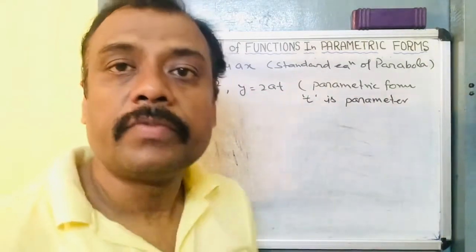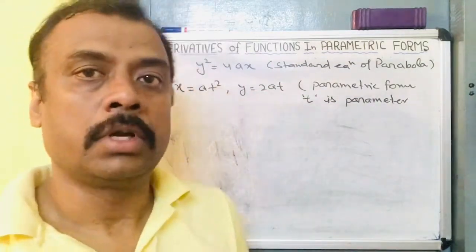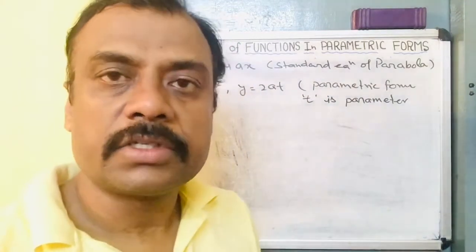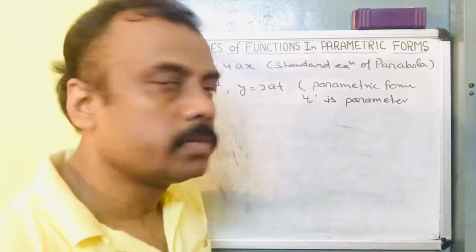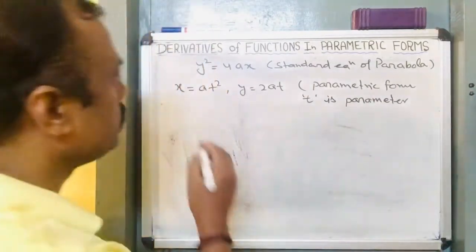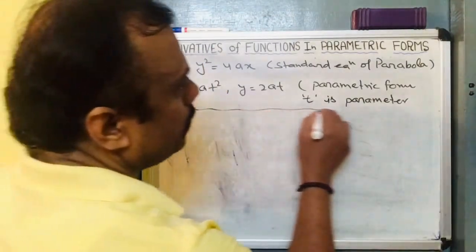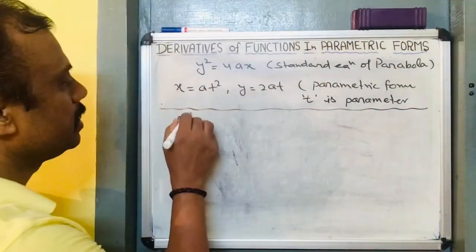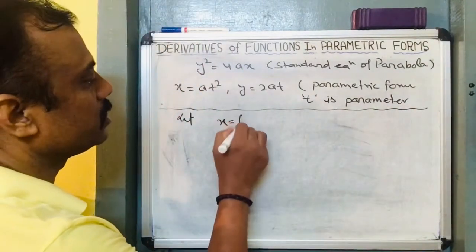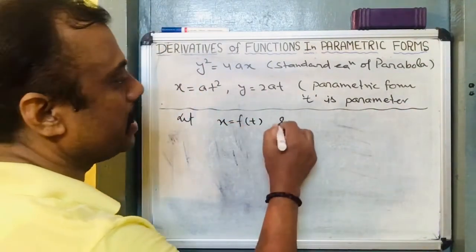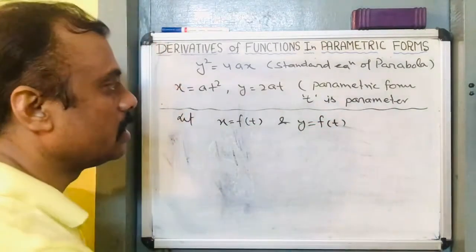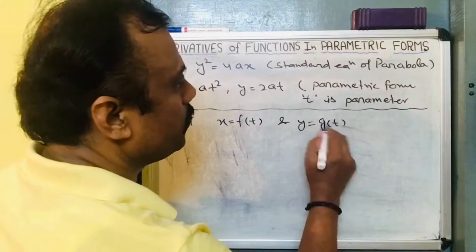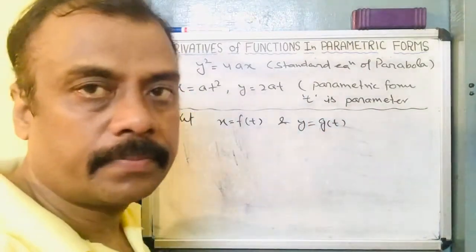So today we will learn how to find the derivative of such functions which are given in parametric form. For that, let us assume x is a function of t and y is another variable which is also a function of t.